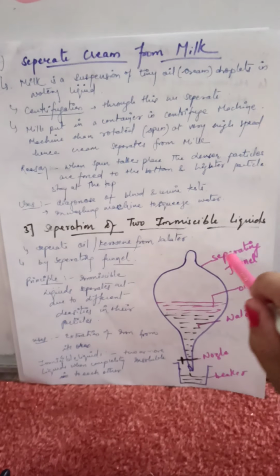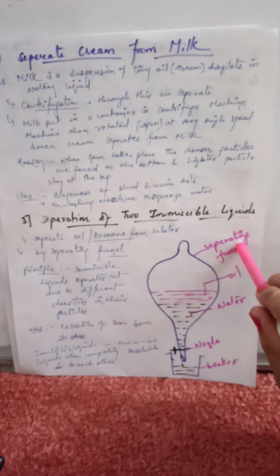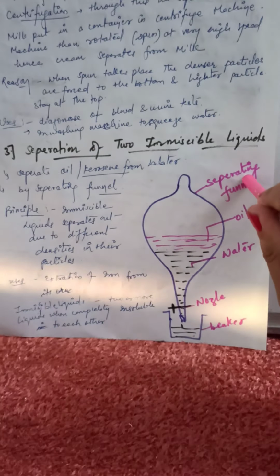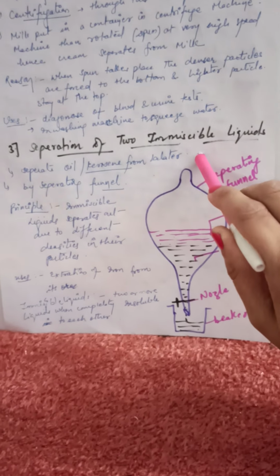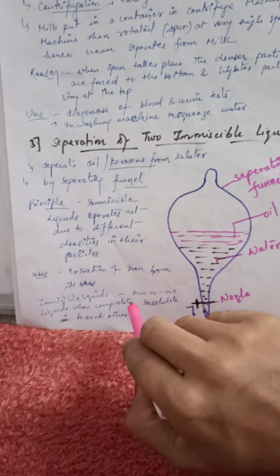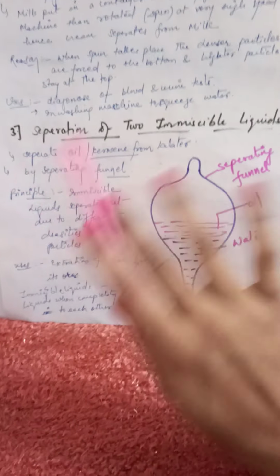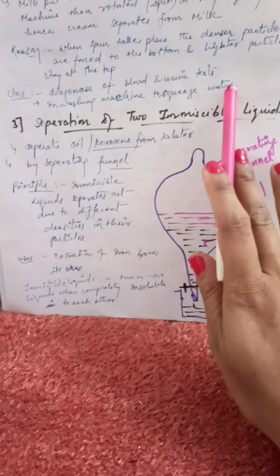Now the third technique we are going to discuss is separation of two immiscible liquids. First of all, I would like to discuss the term immiscible. See children, immiscible means not mixed, completely not mixed with each other.